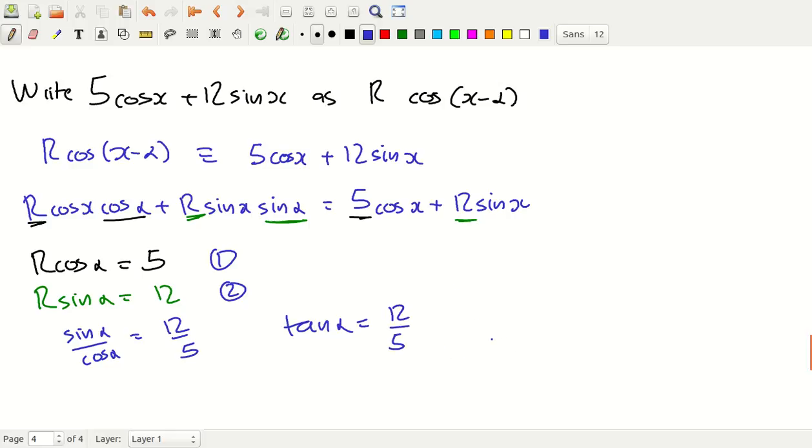And here again we have two options for what alpha is, measured either in radians or degrees. So alpha is equal to 67.38 if you're working in degrees, or if you're working in radians, alpha is actually 1.176. That one there being to 2 decimal places, and this one here to 3 decimal places.